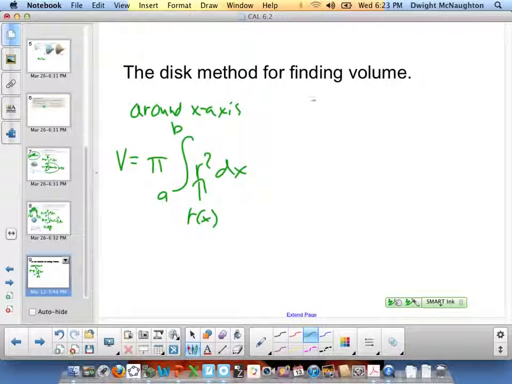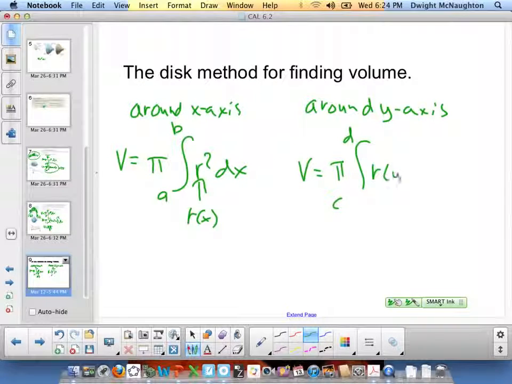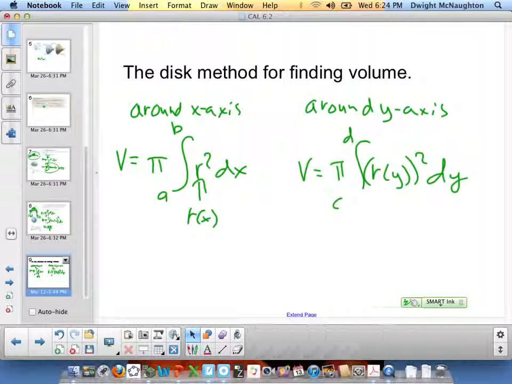If you're going around the y-axis or an axis that is vertical, it's pretty much the same thing, except your r needs to be in terms of y, and you'll be with respect to y.